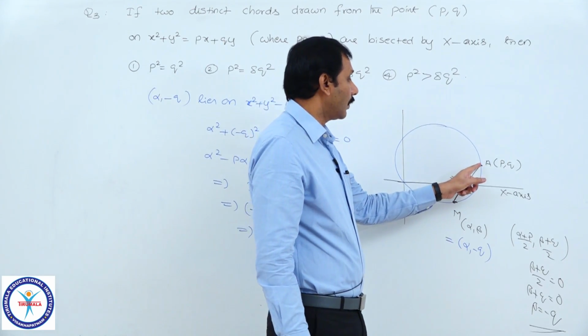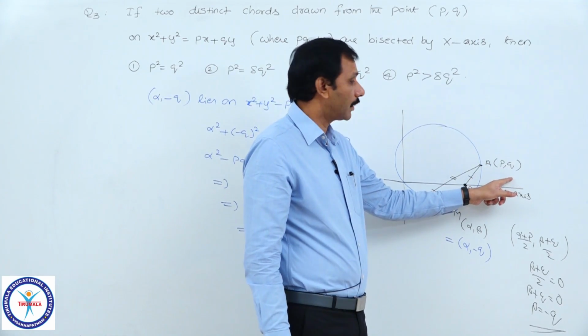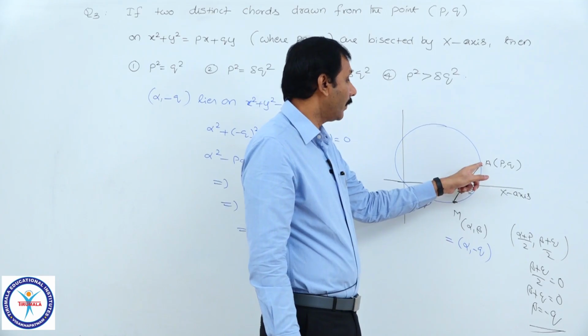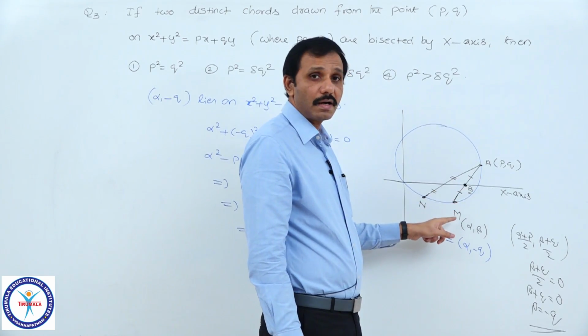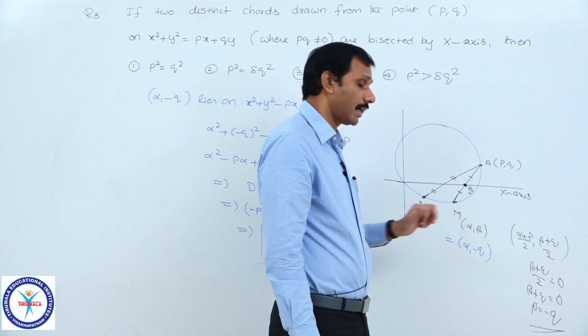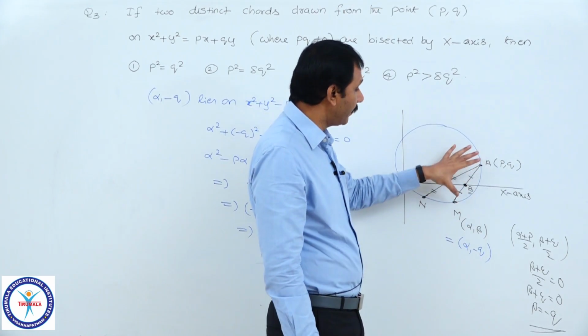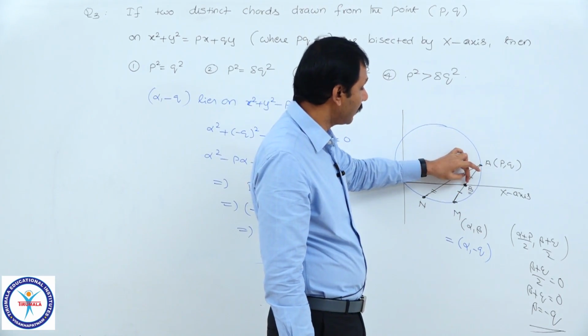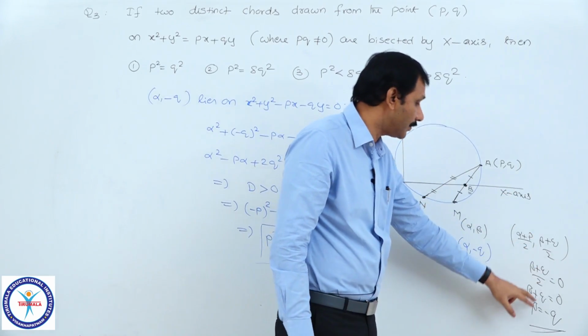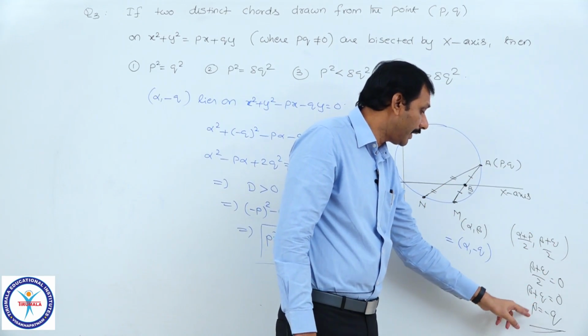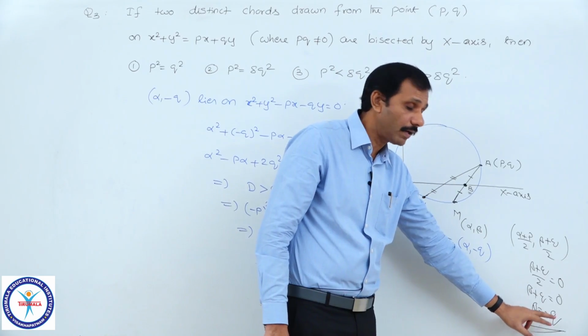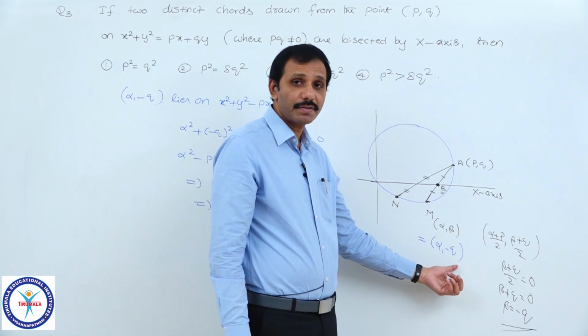Chords drawing through a fixed point A, p comma q, and how many chords are drawn? Two chords are drawn which are bisected by x-axis. Means if I take other end alpha comma beta, midpoint lies on x-axis, means y coordinate of this point 0, beta in terms of known value is minus q, alpha comma minus q.